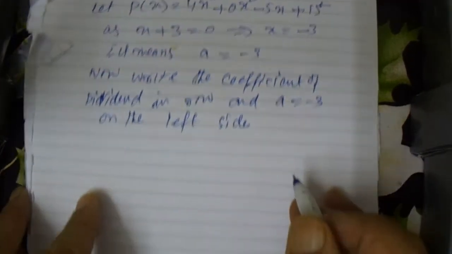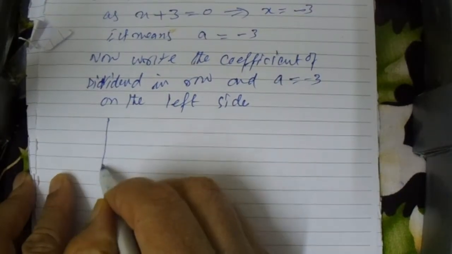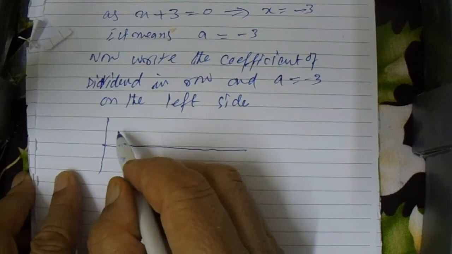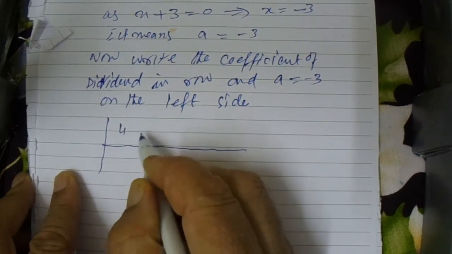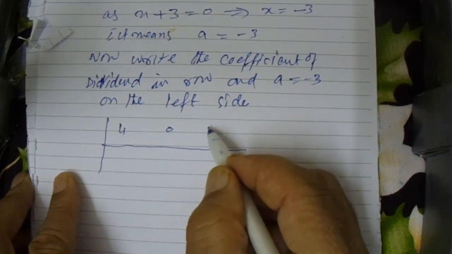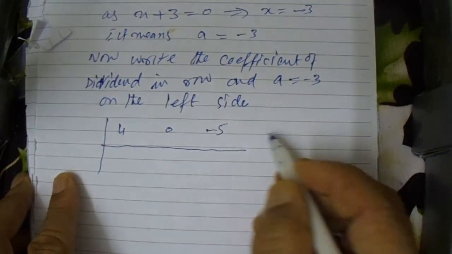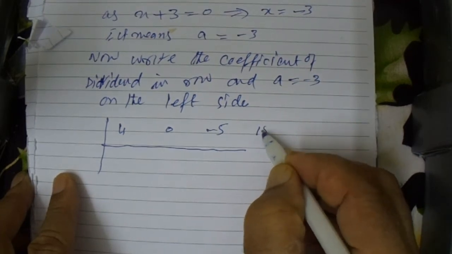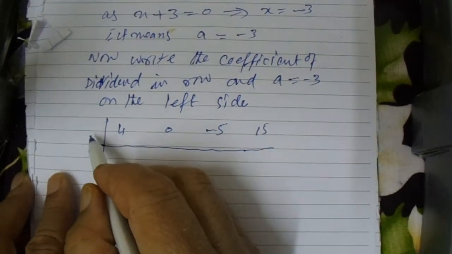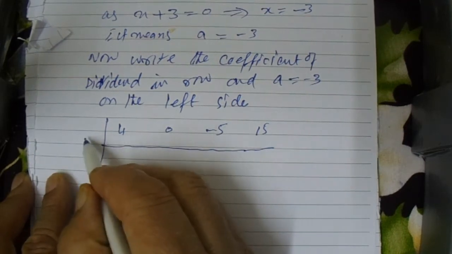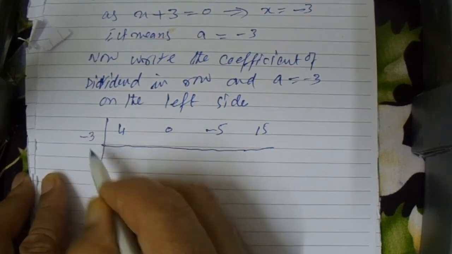The coefficient of x3 is 4, we write here 4, and the x square coefficient is 0, and the x coefficient is minus 5, and the constant term is 15. A is equal to minus 3, we write this minus 3.